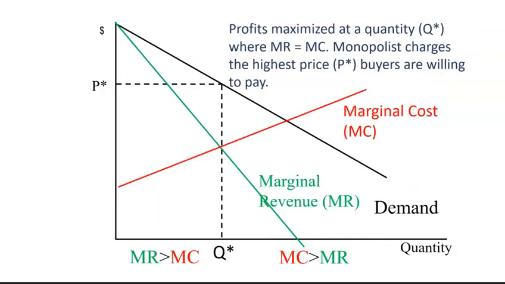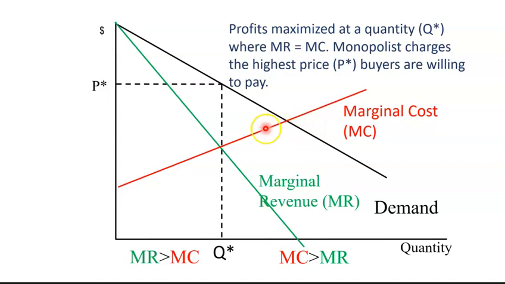I'm going to draw a picture that now incorporates the idea of demand and marginal revenue that we've just gone through, and I'm going to throw in a story about marginal costs. I'm not going to bother explaining why marginal costs look like this.